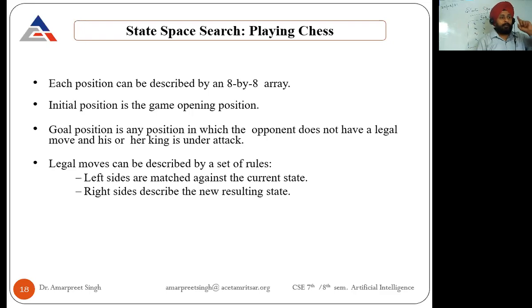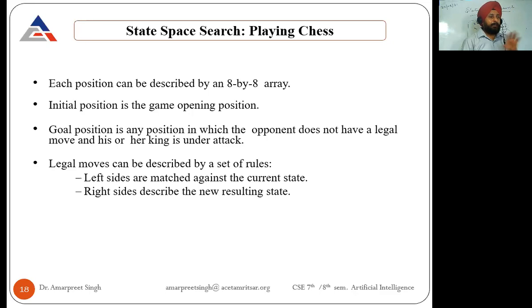It is not a single goal position. There is not a single state which is the goal state. The goal position is any position in which the opponent does not have a legal move and his or her king is under attack. That is the checkmate.